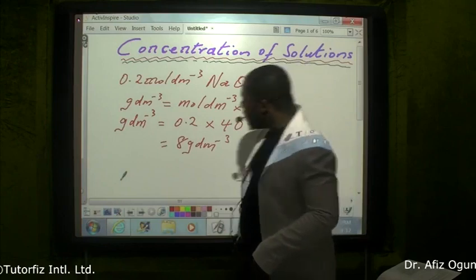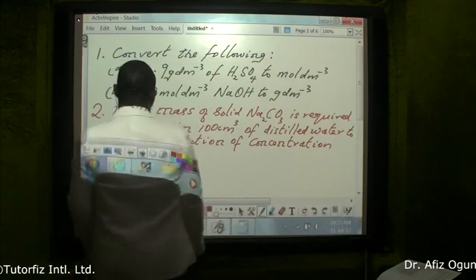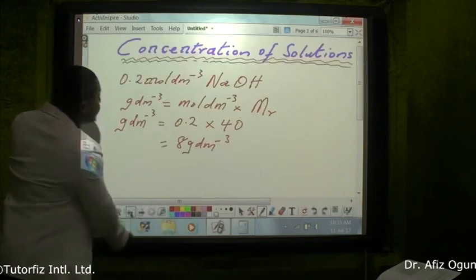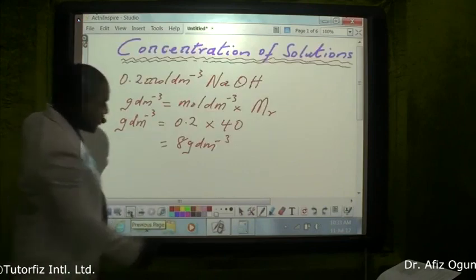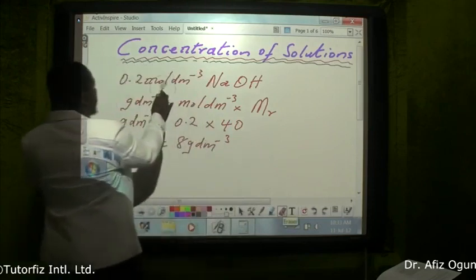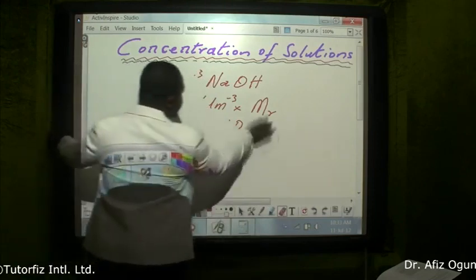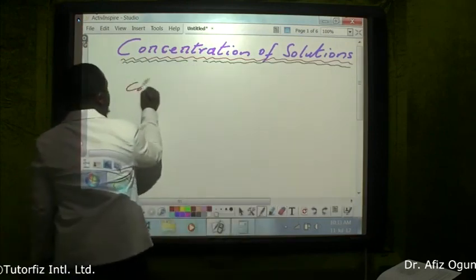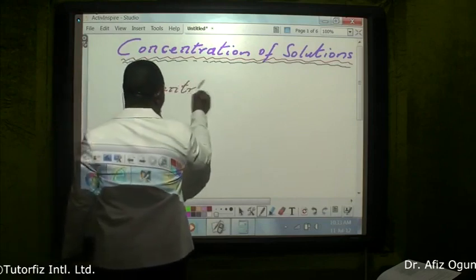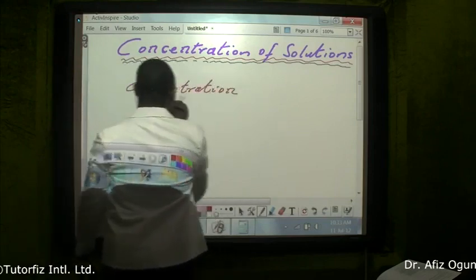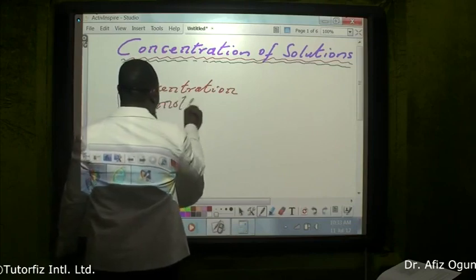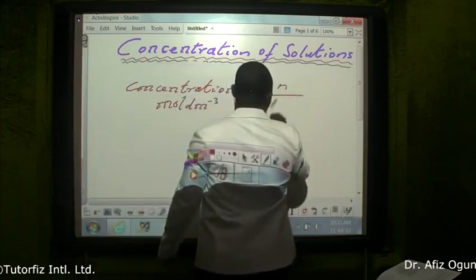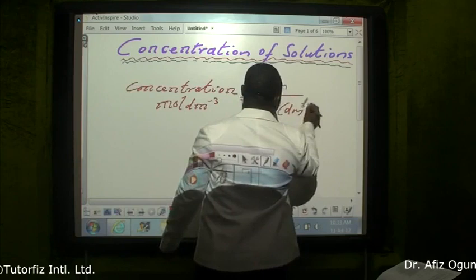Let's continue. Now let us look at other calculations using our big formula, concentration in mole per dm cube equals number of moles divided by volume in dm cube.